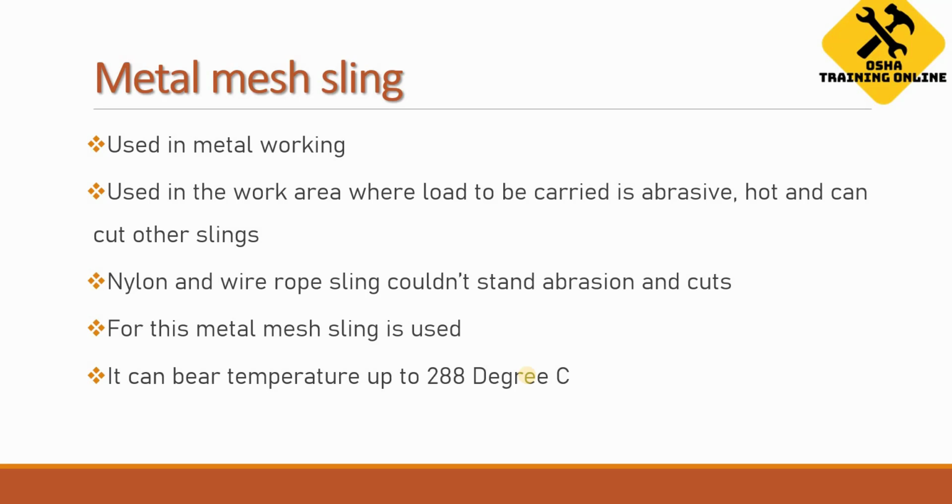For this, the metal mesh sling is used because it can bear temperatures up to 288 degrees centigrade. If the material which has to be hoisted or lifted is at 288 degrees centigrade, then only the metal mesh sling can lift it, and not the other three.